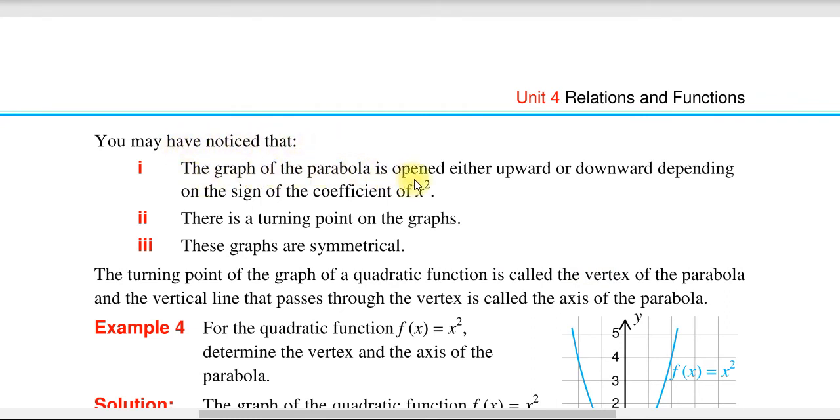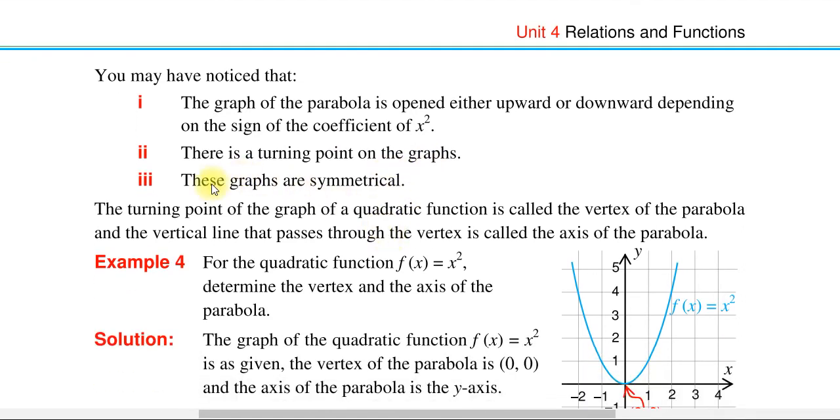So you may have noted that the graph of the parabola opens either upward or downward depending on the sign of the coefficient of x square. The parabola either opens upward or downward depending on the leading coefficient. There is a turning point on the graph and these graphs are symmetric.